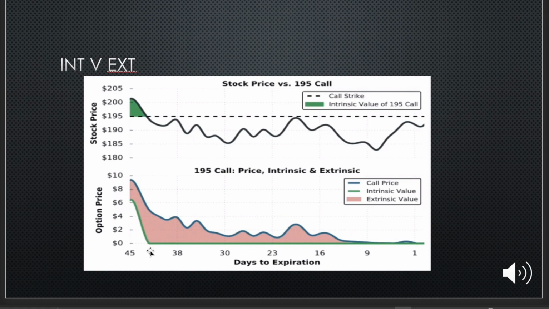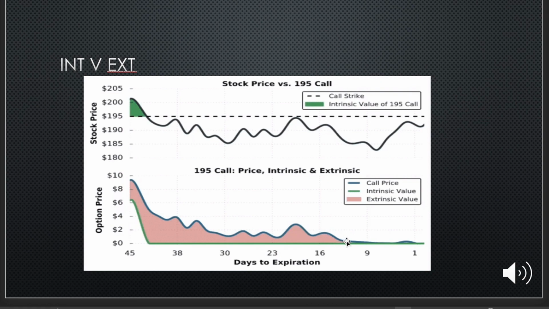And then somebody eventually may run into some news where trade tensions between the U.S. and China, and that is going to create a lot of volatility and make the future expectation of the value of the stock price fluctuate between, oh, it could go higher, as the case is here, or no, it's going to go lower, as the case is here. And as you can see, it fluctuates down here as well, and basically all of the intrinsic value is gone, but the extrinsic value is still creating expectancy, right?